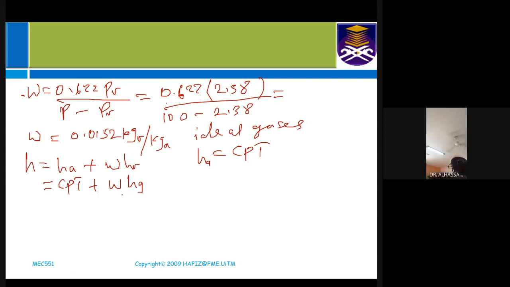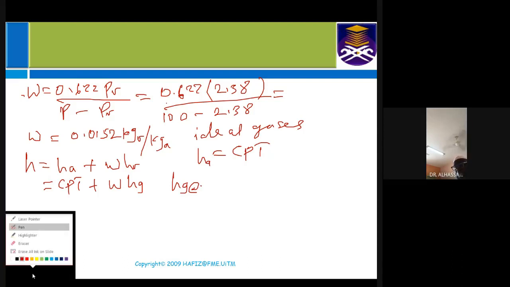Now there are two options for determining Hg. Either you read directly from the property table, or you use calculation. There is a general equation for it.